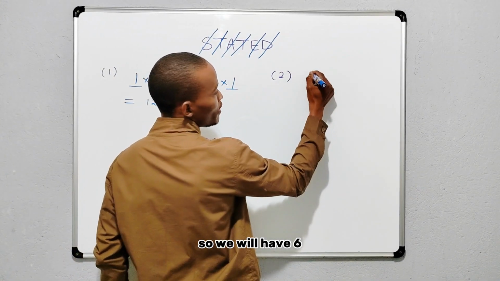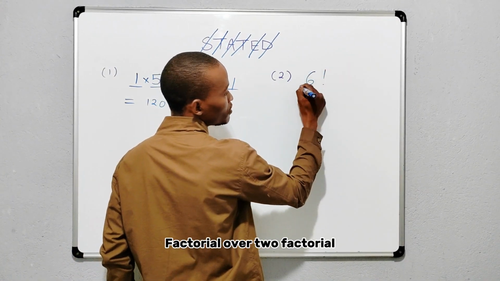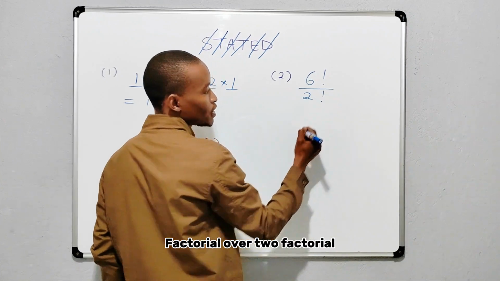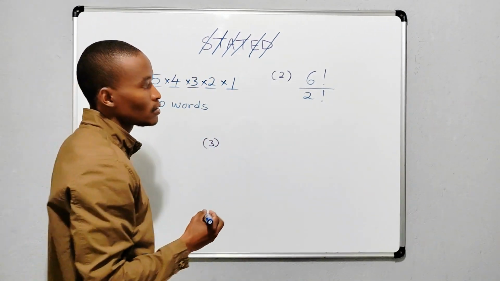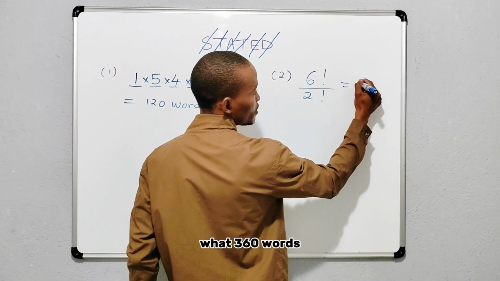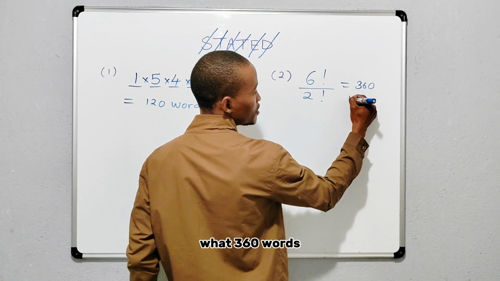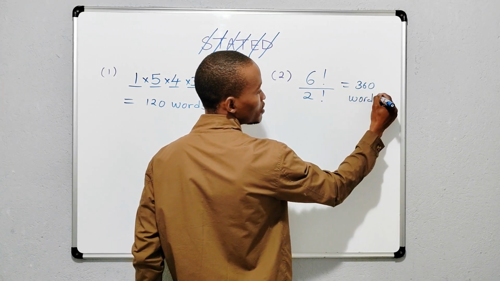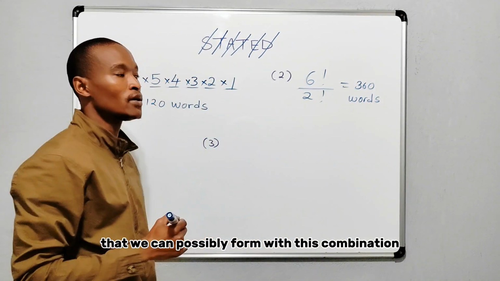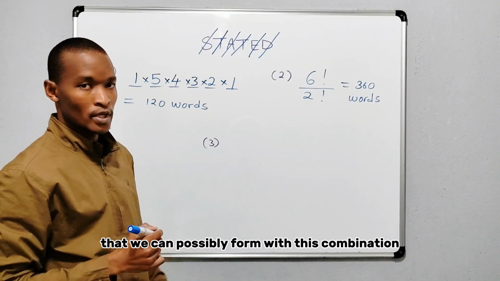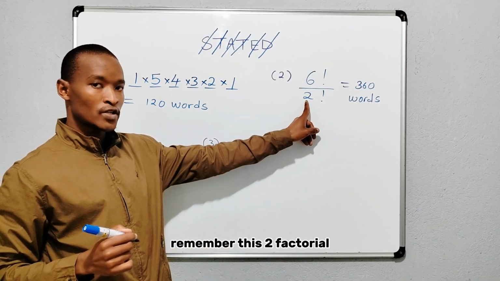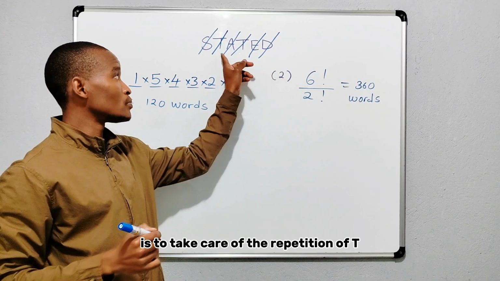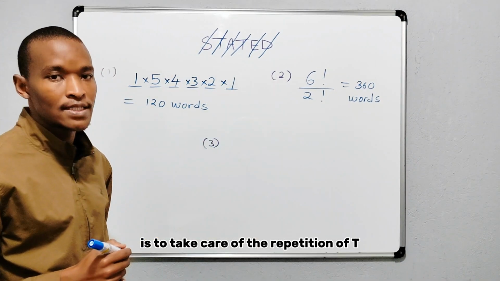So we will have 6 factorial over 2 factorial, giving us 360 words that we can possibly form with this combination. Remember, this 2 factorial is to take care of the repetition of T.